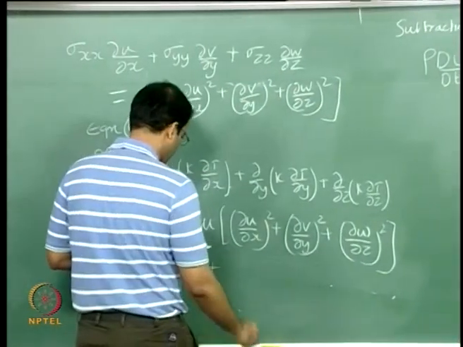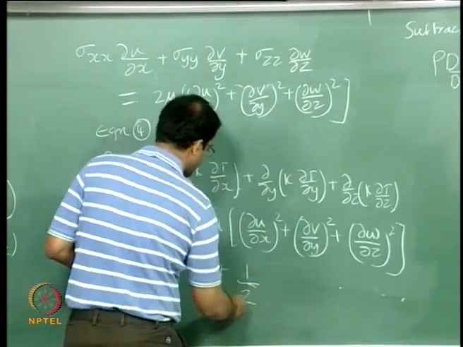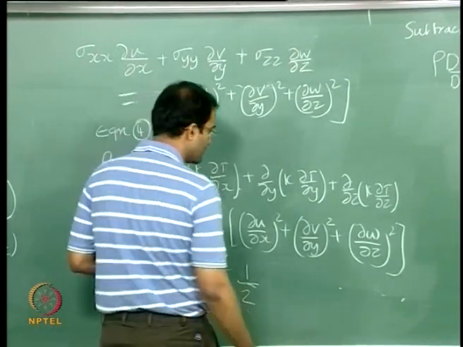I can take the half factor out, so that this is 2 and 2 cancels and it is nu.